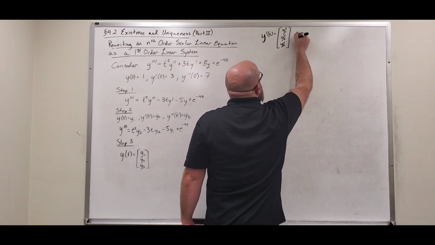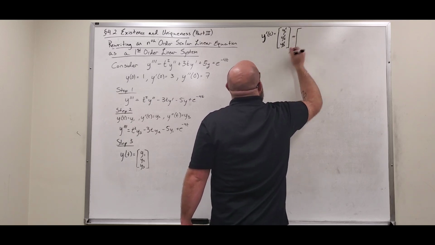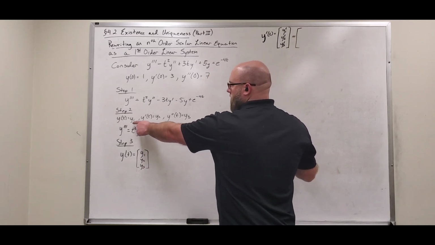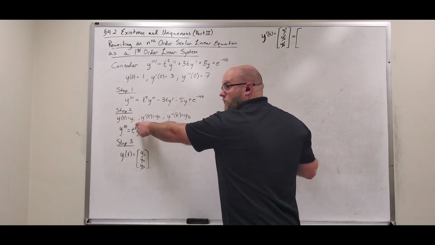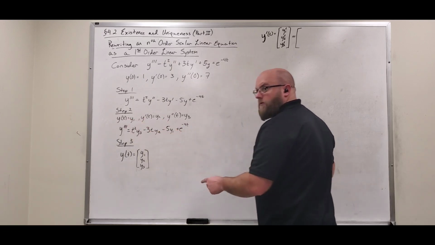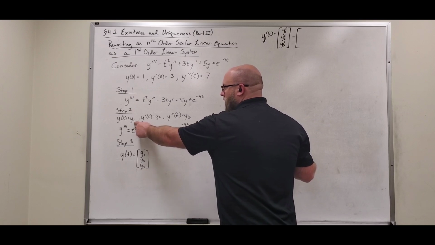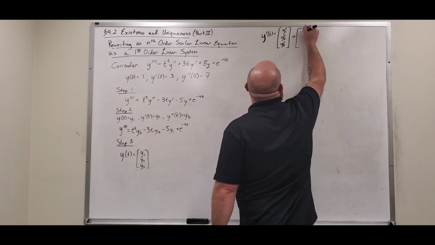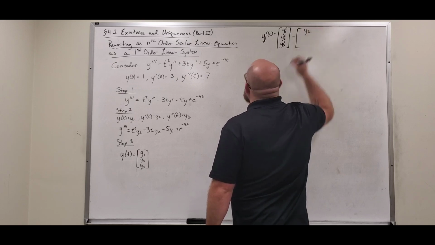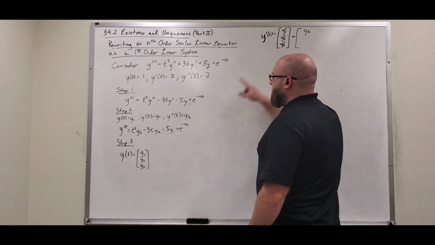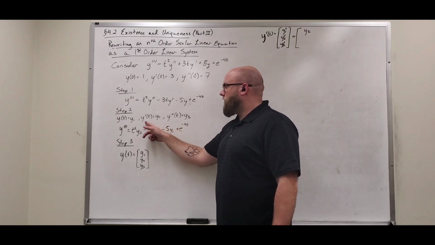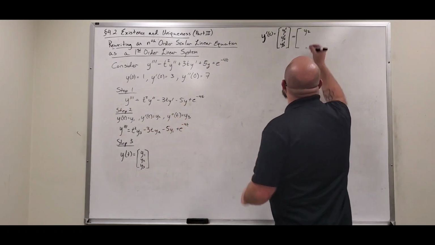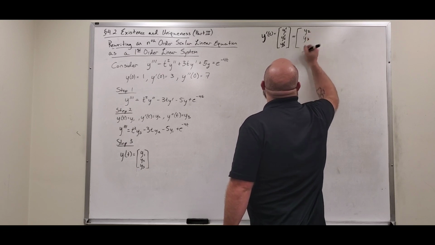All right. Well, we just stated that y1 was equal to y of t. Well, that means y1 prime is equal to y prime, which is y2. All right. Well, y2 prime, that's y double prime, which is y3. Okay.